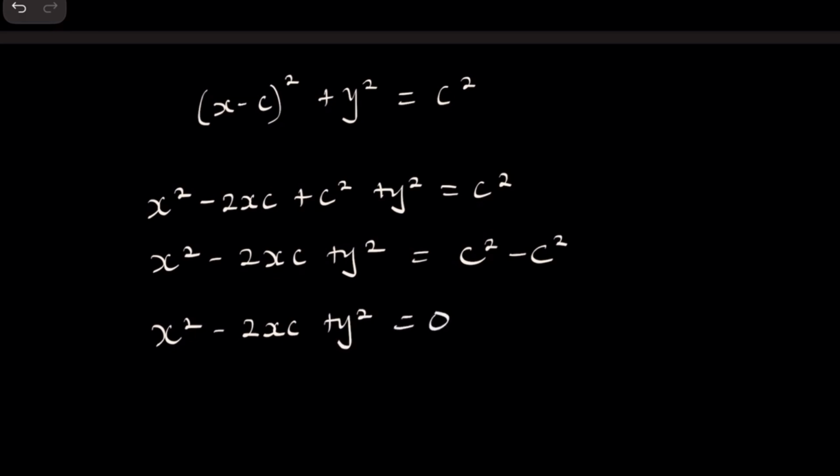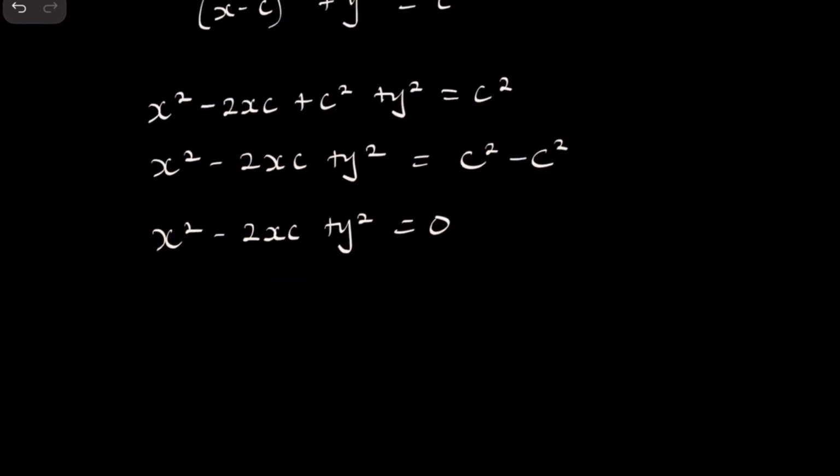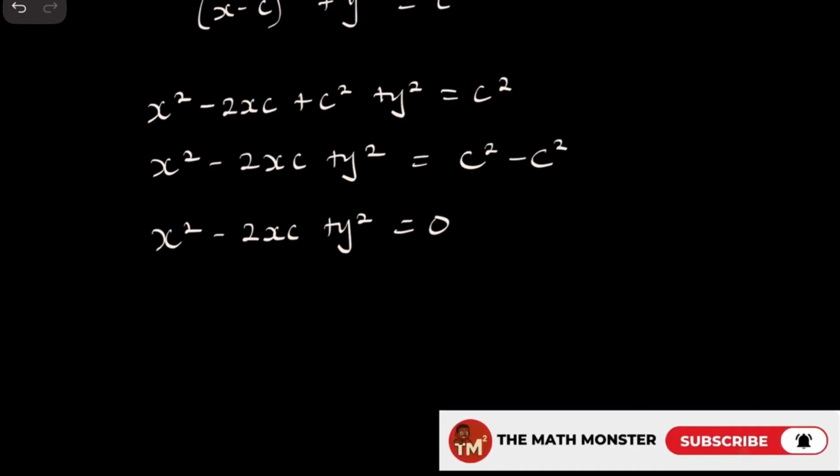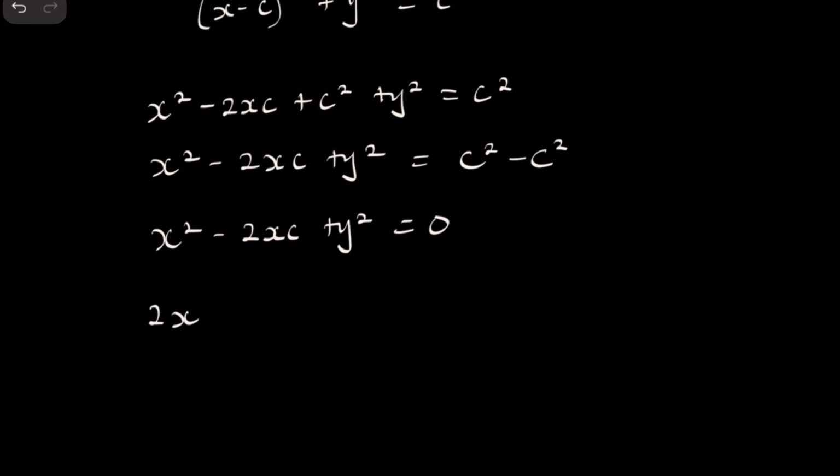Now let's differentiate this guy. So here we have to use implicit differentiation because this function is not explicitly defined. So differentiating x squared, we are going to have 2x. Then differentiating minus 2xc, we are going to have minus 2c. Then differentiating y squared implicitly, we are going to have plus 2y y prime is equal to 0.